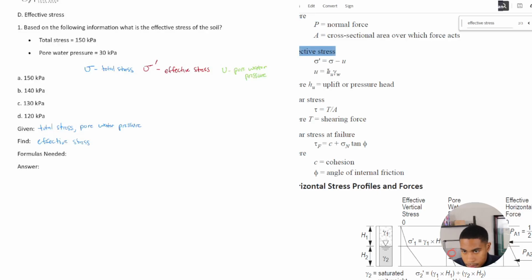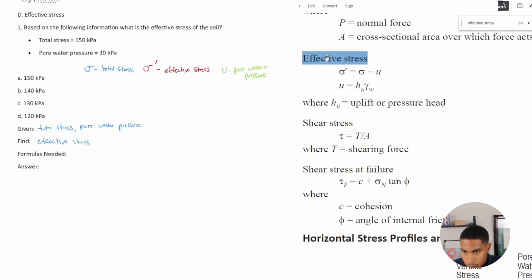All right, so going back to our equation. So this is saying effective stress is equal to total stress minus pore pressure. Okay, so do I have total stress? Yes. Do I have pore water pressure? Yes. So we know that we can solve for this now.